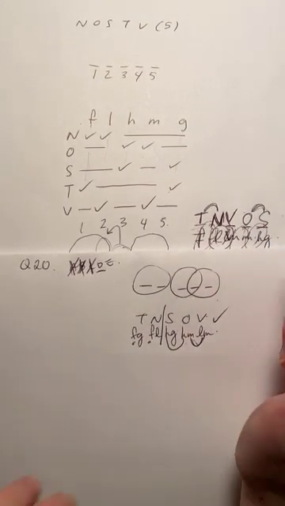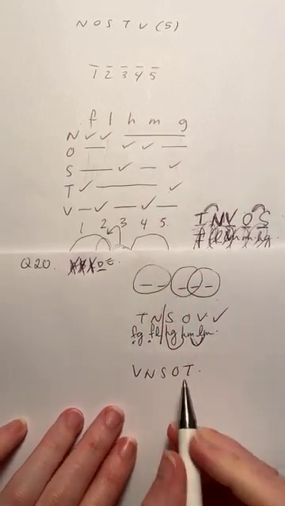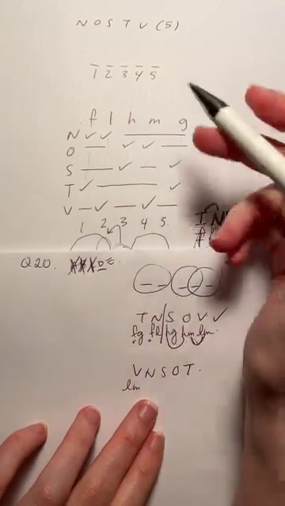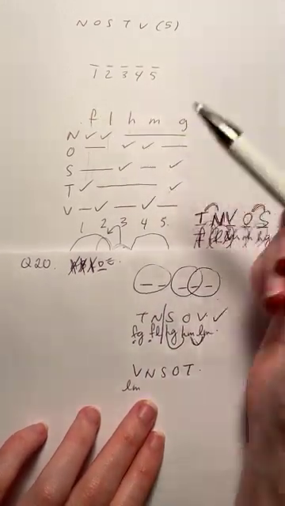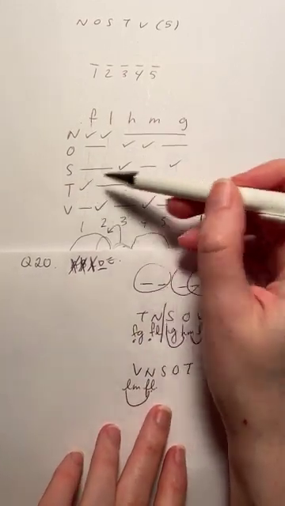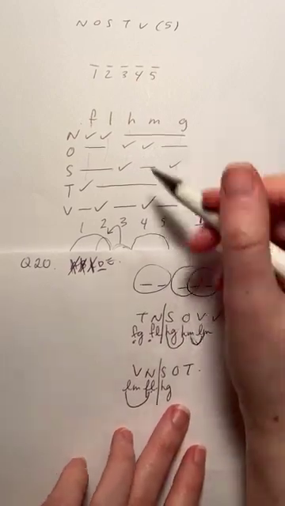And for E, what's wrong with E? Let's actually draw that out to show. So V has L and M, N, F and L. Okay, so they have the L in common. S, H, and G, nothing in common there.